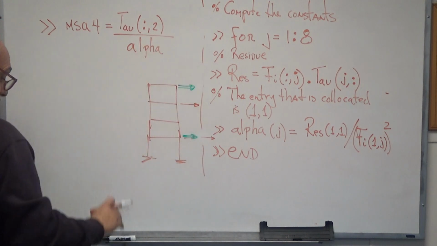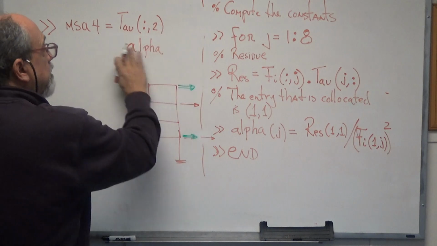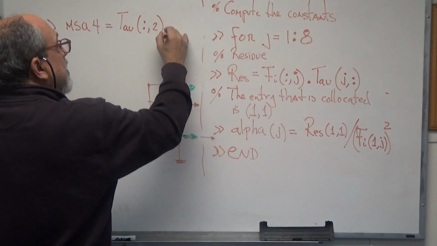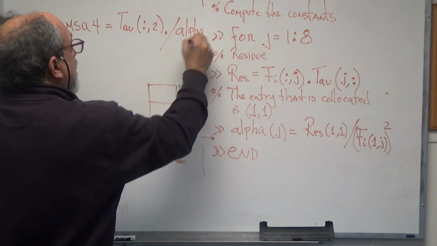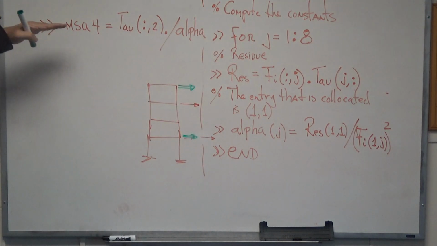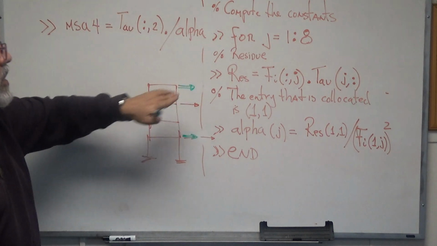Now this in MATLAB notation is 1 by 1, right? So let me be more precise, in MATLAB, this would be dot divided by the constants. So this would be the value of the mode shape in every mode at this location.